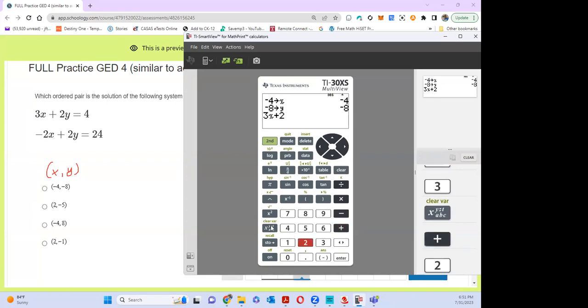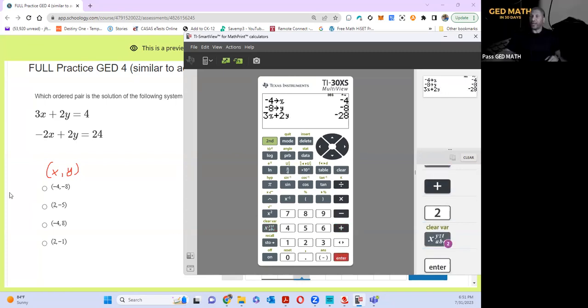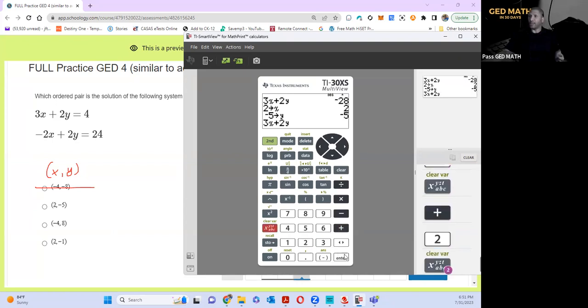3x plus 2y, I should get 4. Did I get 4? No. So I know it's not A. Repeat it for B. 2 is X, -5 is Y. Plug into my first equation, 3x plus 2y. I should get 4. Did I get 4?